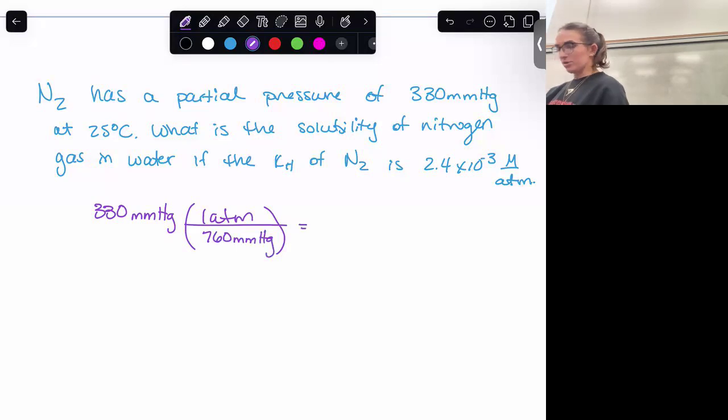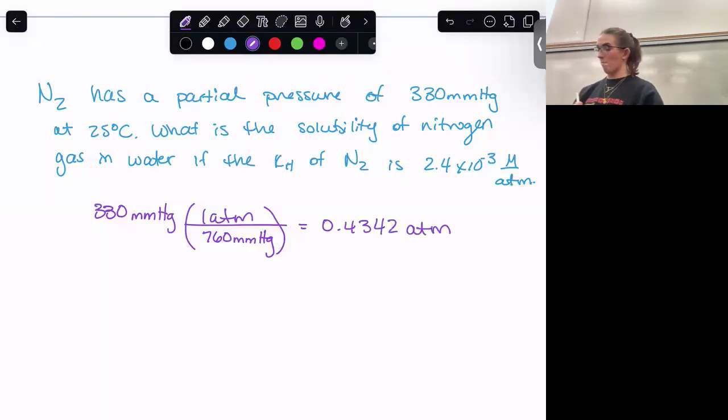Sometimes you use a conversion so much it sticks. So we have 0.4342 ATM.